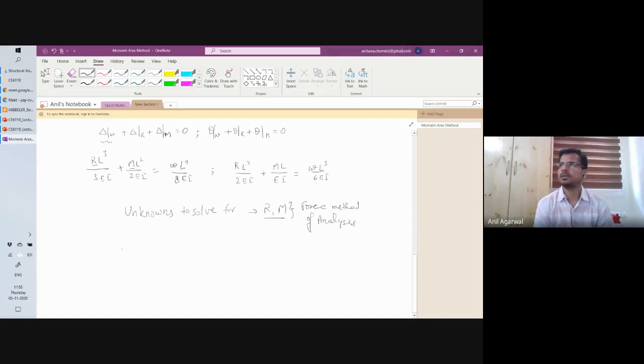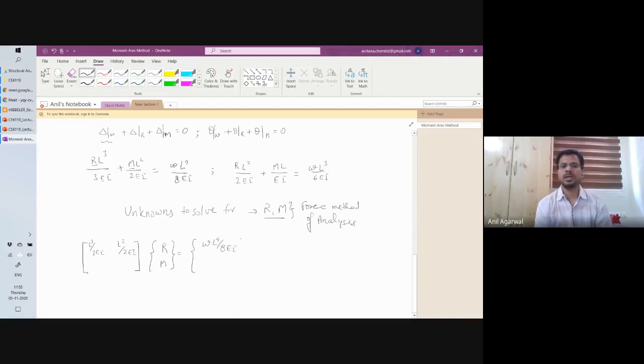But let's try to write this in matrix form. So what we will do is take the terms of R and M from both equations separately. What is the first equation going to give me? The first equation will be R multiplied by L cube by 3EI and M multiplied by L square by 2EI, and that is equal to WL to the power 4 by 8EI.